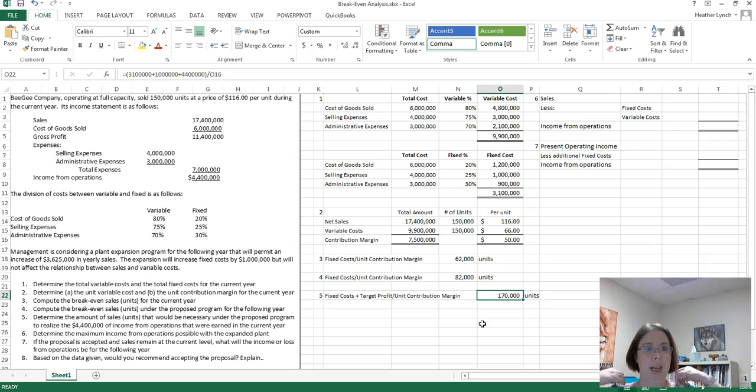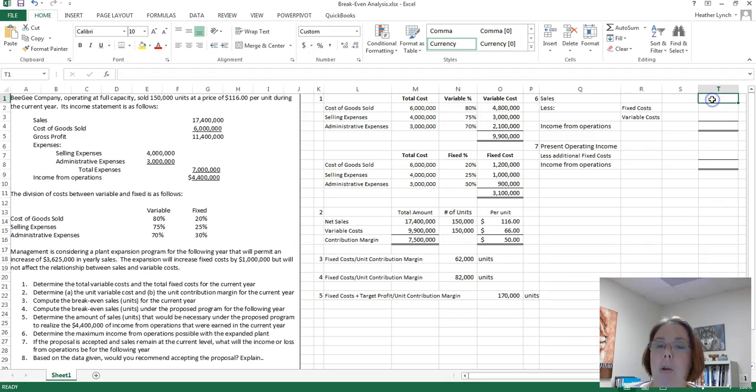Okay, number 6, determine the maximum income from operations possible with the expansion. Okay, so we'll start with our sales. Well, we will still have sales of $17.4 million. Plus, it will allow us to increase our yearly sales by 3,625,000.